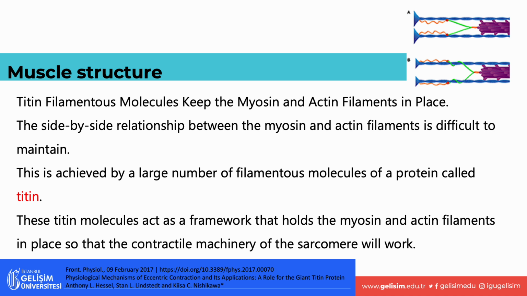It's a large filamentous molecule that acts as a framework holding the myosin and actin filaments in place. It's also thought to be the largest protein in the body. By anchoring the myosin and actin filaments in place, titin helps to make sure that the contractile machinery of the sarcomere works properly, and this allows for efficient muscle contraction and force production.